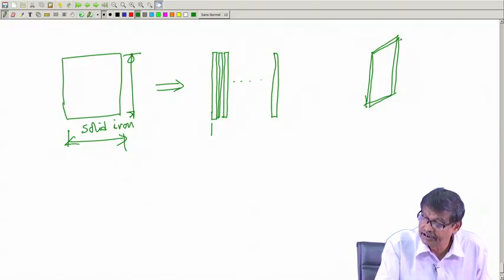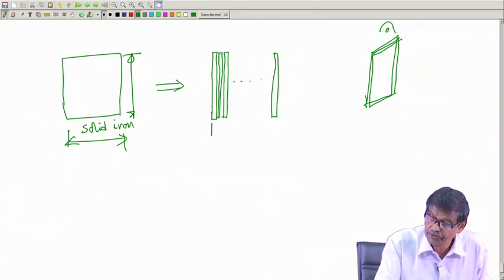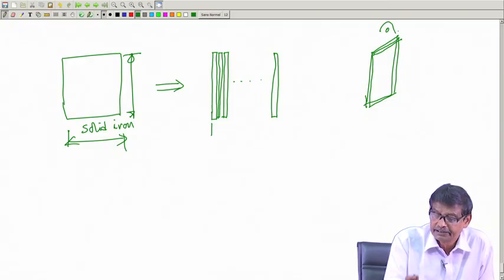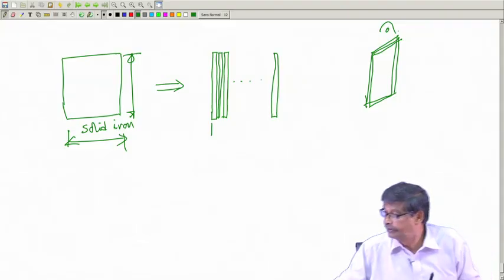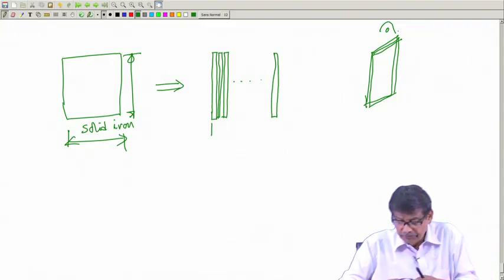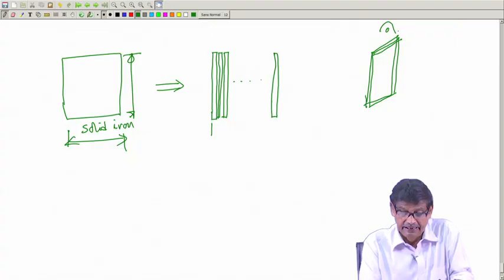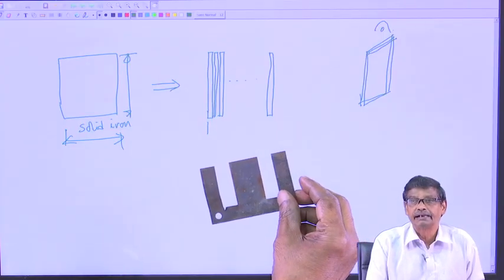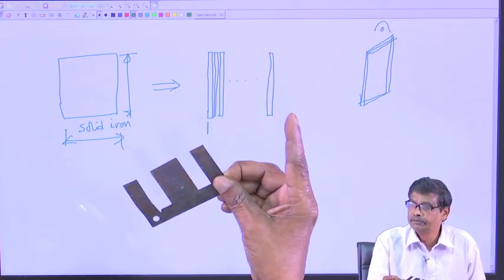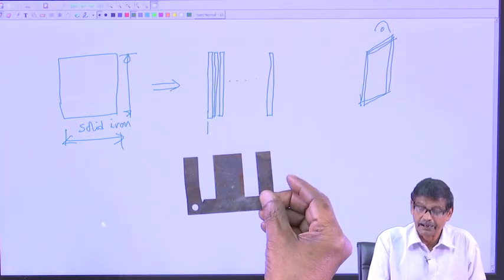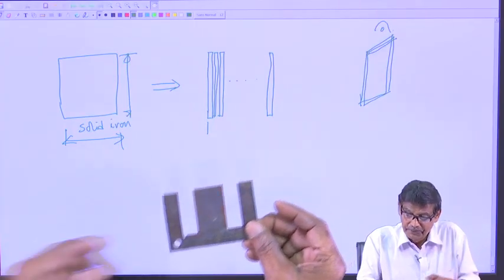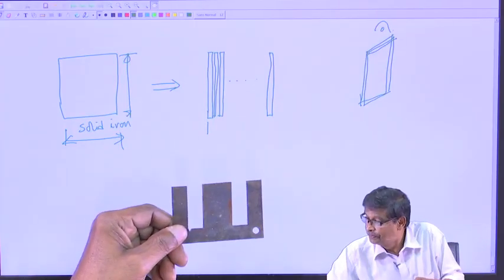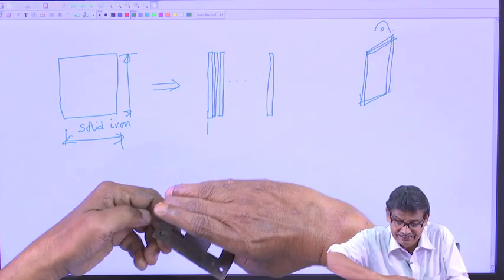So, the sectional area from the top, if you look, will look like this, okay, thin plates. I will show you. Suppose these are thinner plates like this, a magnetic circuit, you are able to see now, thinner plates. You take iron plates and you put another like this.